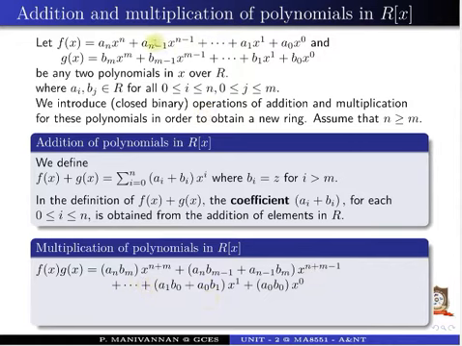Then we increase the terms, and at the ending part it is a1 b0 plus a0 b1, the coefficient of x^1, plus the constant value a0 b0 into x^0.